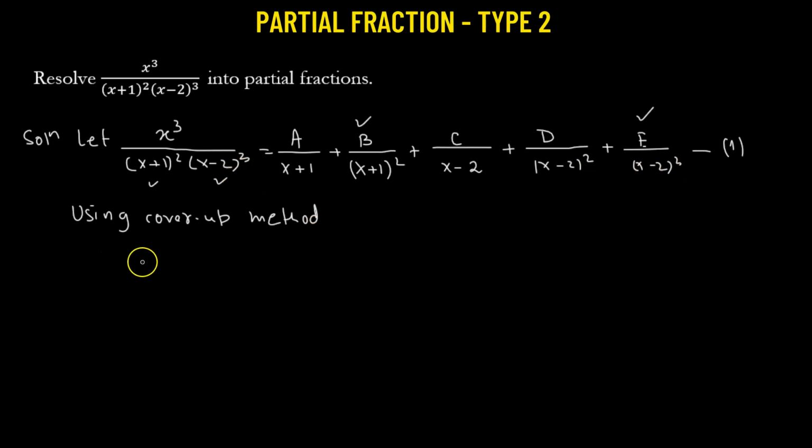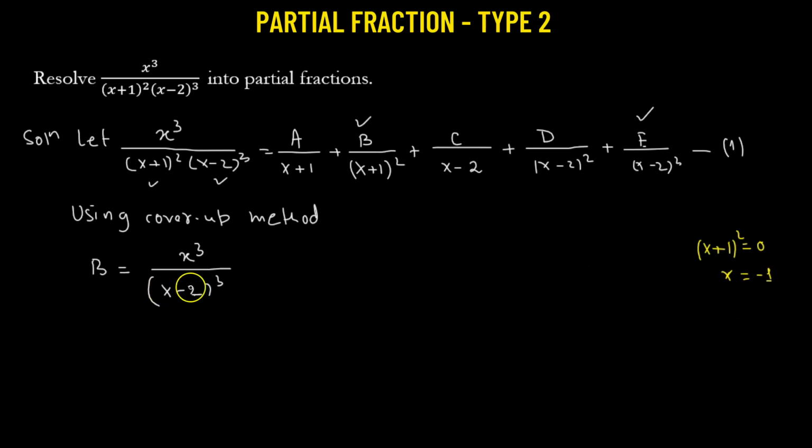So what does the cover-up method tell us? To find the value of B, we take the rational expression on the left-hand side and cover up the factor (x + 1) whole squared. That means we're only left with (x - 2) whole cube. We covered up (x + 1) whole squared, and if we equate it to 0 and solve for x, that will be negative 1.